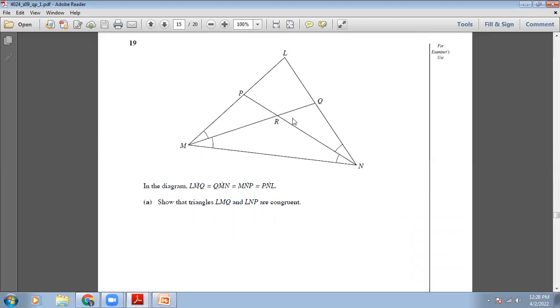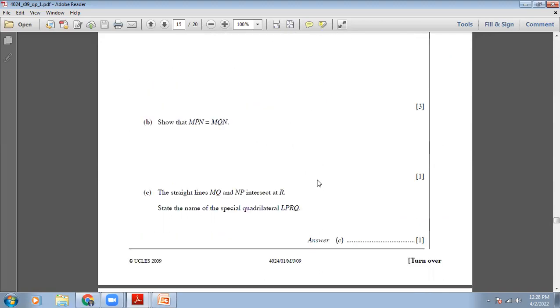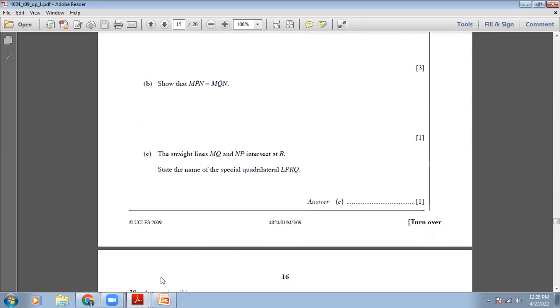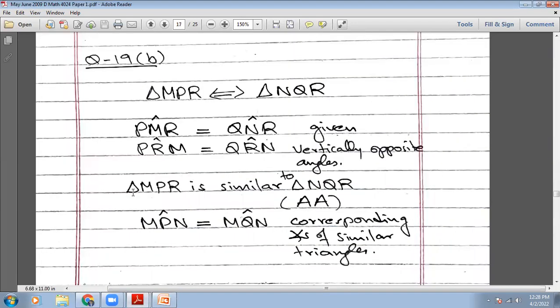If you look at these two triangles, this angle and this angle are the same, and this angle and this angle will be the same because they are vertically opposite. So these two triangles will be similar to each other. Then I can prove that this angle is the same because they are the corresponding angles of the similar triangles. So that's the strategy.